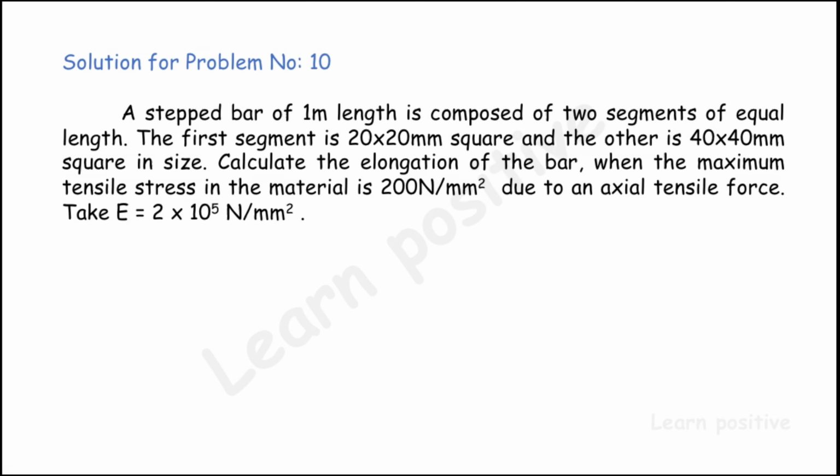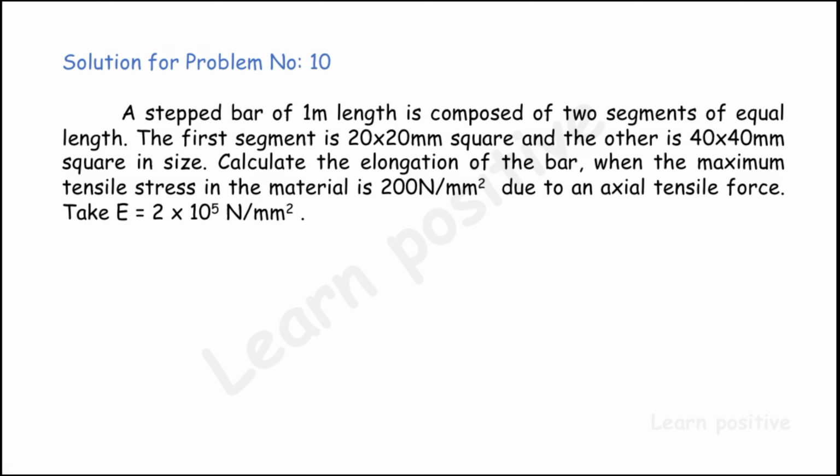It is a bar of varying size, not a diameter, it is a square bar. The length of the overall bar is 1 meter, that is 1000 mm, and it is composed of two equal segments. So the bar is divided into two, 500 mm and 500 mm, that is 0.5 meter each.